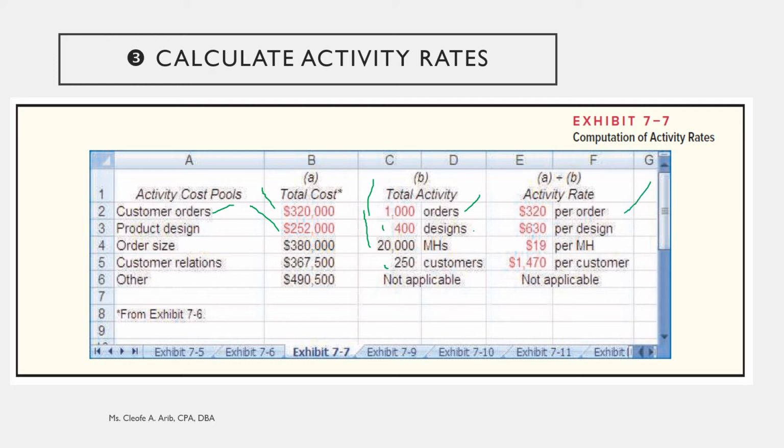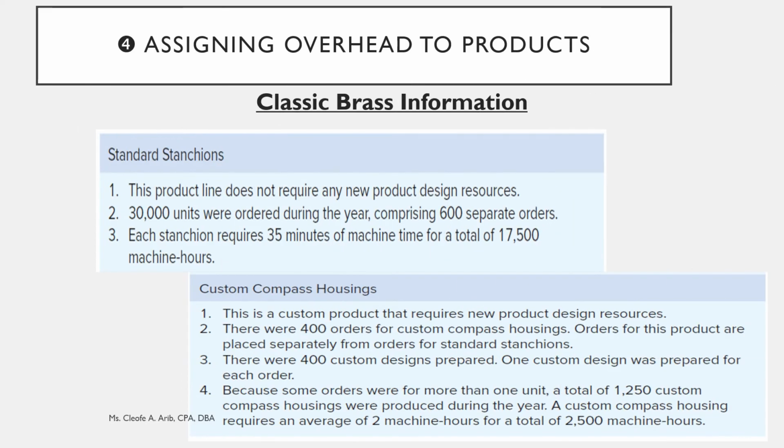Ito yung ating activity rate for customer orders, 630 for your product design, and then $19 per machine hour and 1,470 per customer. So, hindi lang iisa yung ating activity cost pools. We have 5. And then, magkaiba yung basis ng pag-allocate ng cost nila. Because if you notice, magkaiba nga yung inyong activity measures.